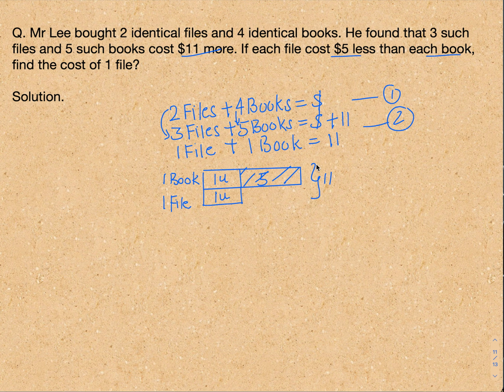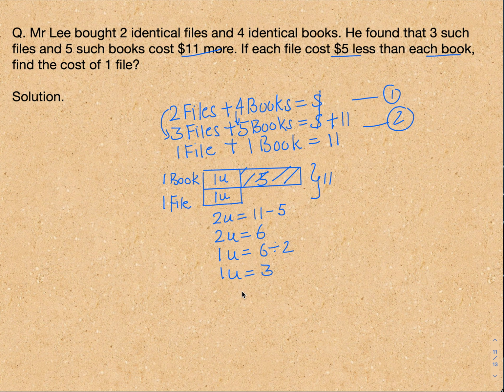So we can say 2 units will be equal to 11 minus 5. That means 2 units will be equal to 6. That also means 1 unit will be 6 divided by 2. That will give us 1 unit is equal to 3. That's it. Bingo. That's our answer.